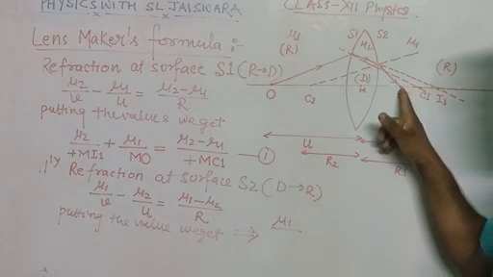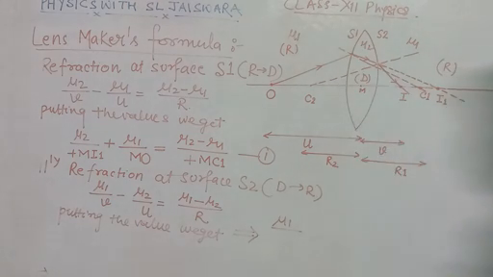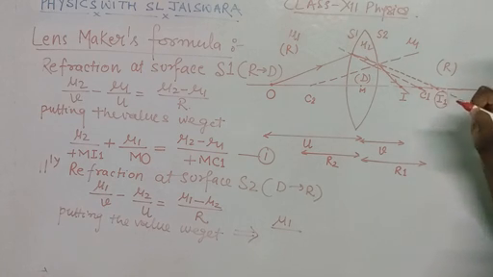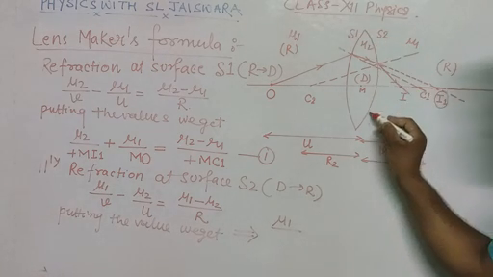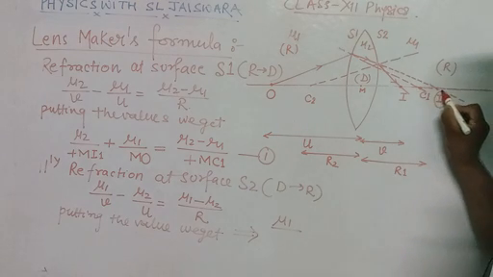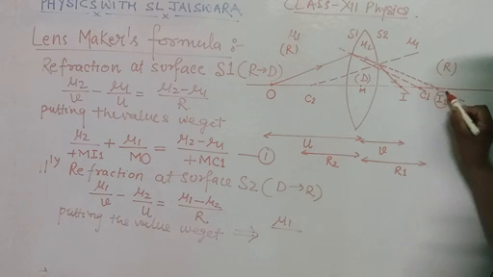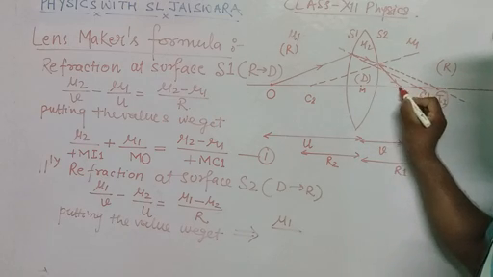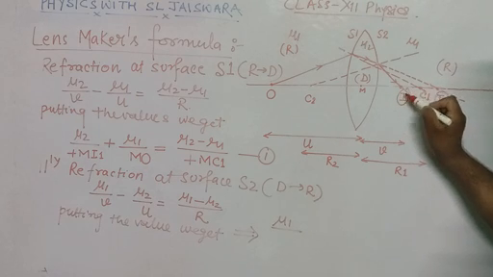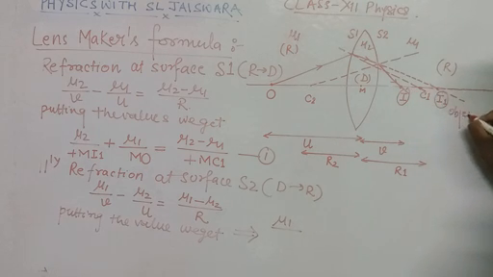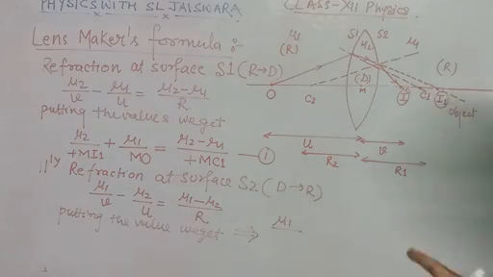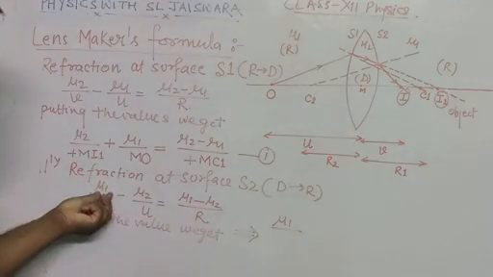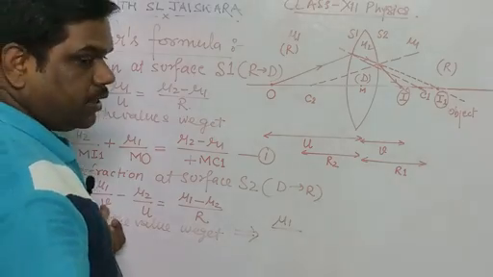So for surface S2, this I dash becomes the object for surface S2. Whatever image is being formed at this I dash, that same image S2 drags and brings to I. So for S2, the object will be at I dash. So you have to keep this in mind. Very good. So mu1 upon V means that is image distance.